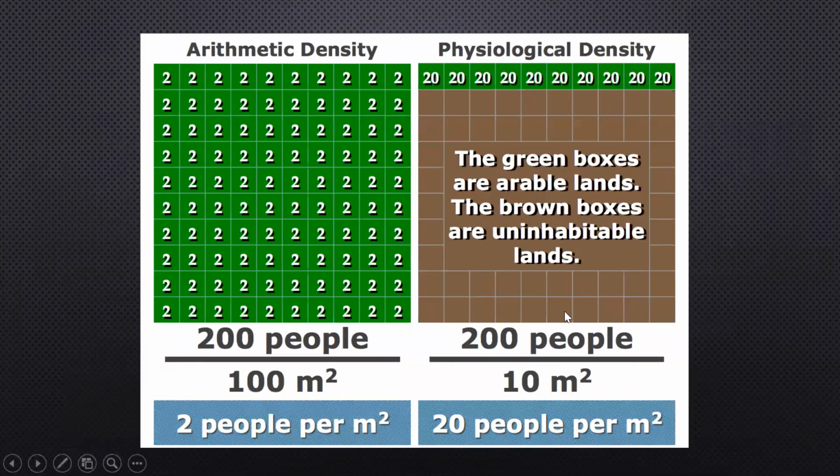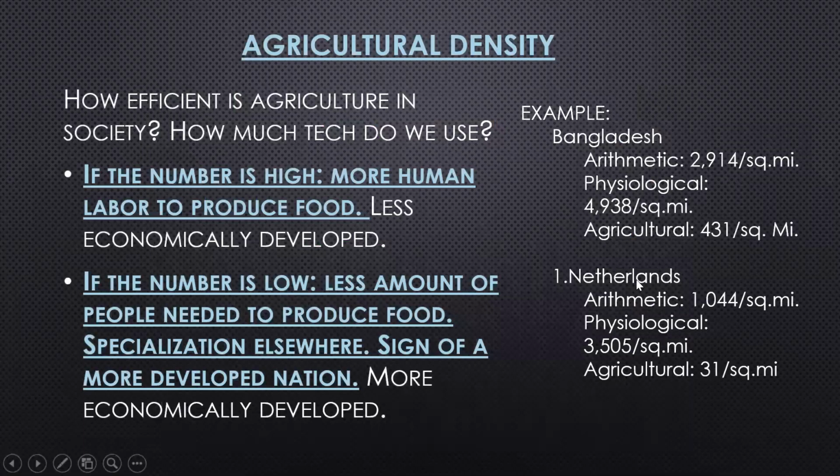Okay. If you're a little confused as to what these two mean, it's pretty easy to see here. Arithmetic density, like I said, is just calculating generally population, not taking into account how spread out people are. Physiological density does, and you can see here the difference. Okay.